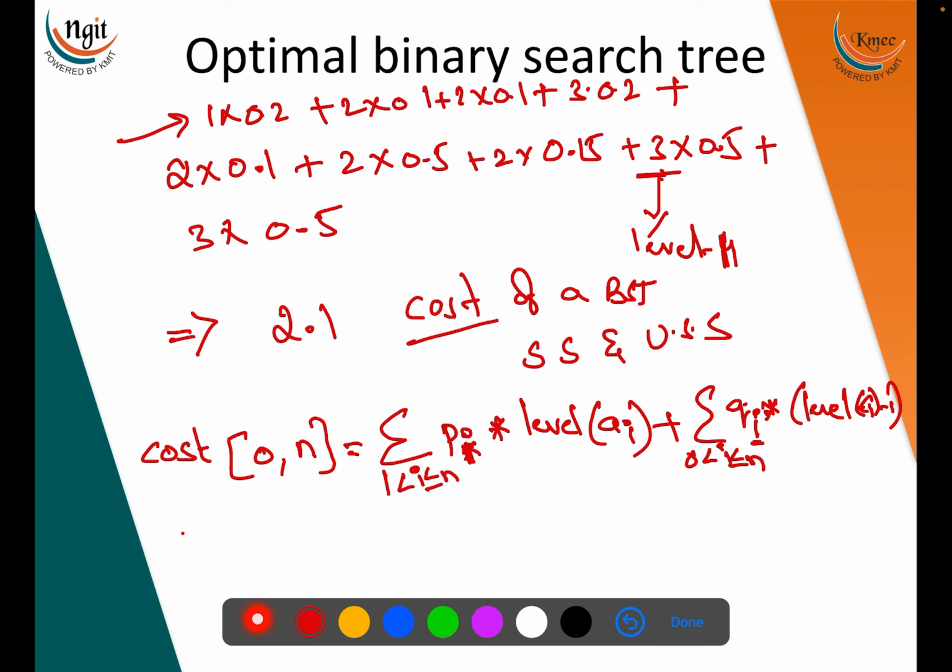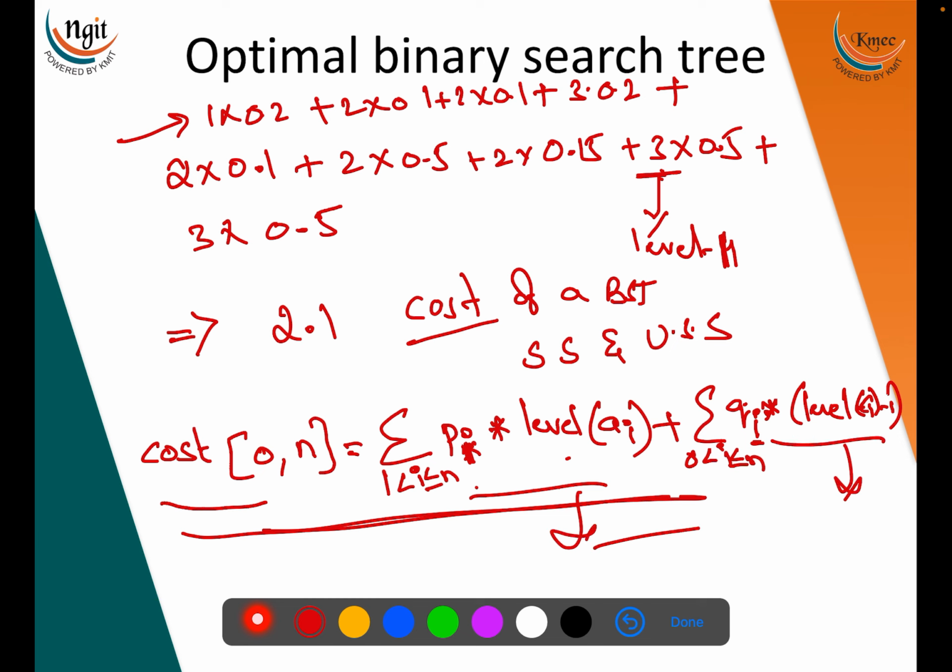So this is the cost of this tree. A cost of a node is calculated with the probability and level. The cost of a tree is calculated with probability into level for successful searches, plus the same for unsuccessful searches. Put together, you will get the cost of the particular binary search tree.